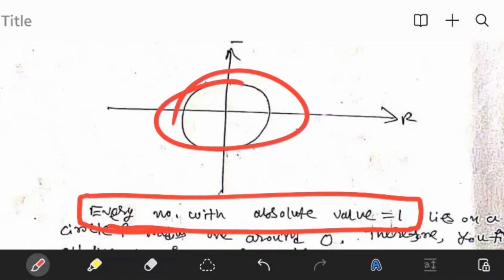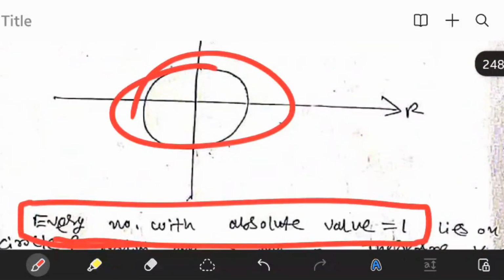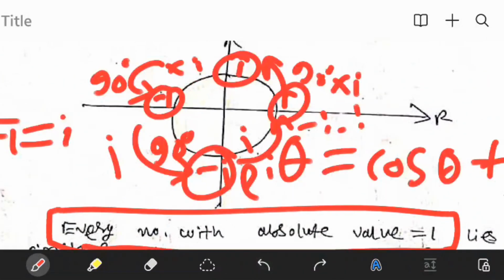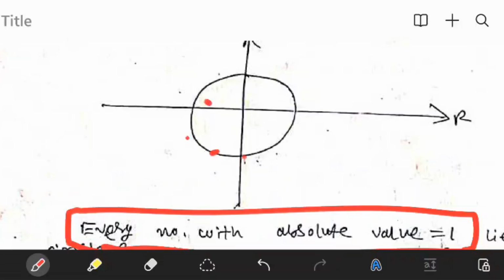So if we take the average, we will just end up with a circle. We end up with points on a circle, like this. So it is the average in this case.